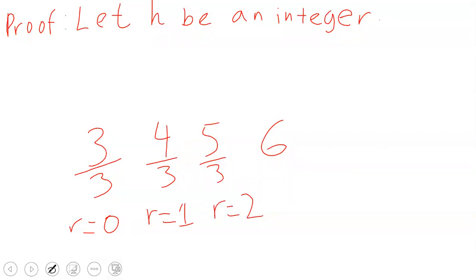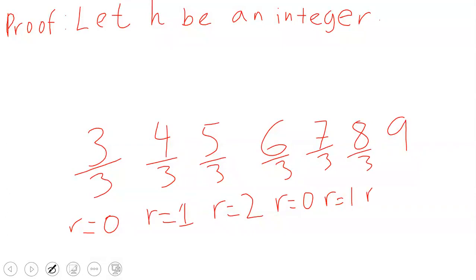Let's continue the cycle. We have 3, 4, 5, 6, and I'm going to do 7, 8, and 9. When I divide 6 by 3, the remainder is 0. When I divide 7 by 3, the remainder is 1. When I divide 8 by 3, the remainder is 2.